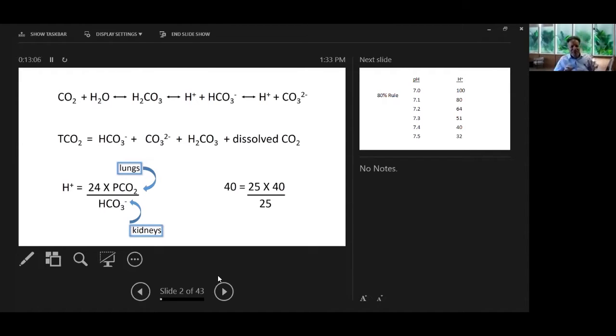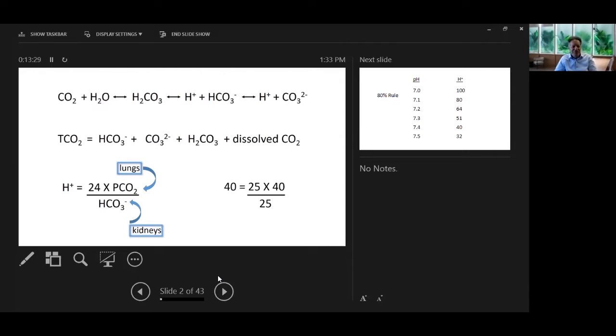Keep the terminology in mind: bicarbonate only refers to one of these species. You have to remember the other terms in this equation, carbonic acid and carbonate. Bicarbonate is by far the most prevalent, at 24, 25 millimolar. The carbonic acid and carbonate are in the micromolar range at equilibrium, so they're much smaller in concentration.